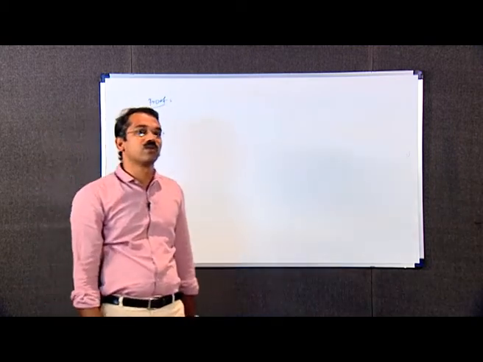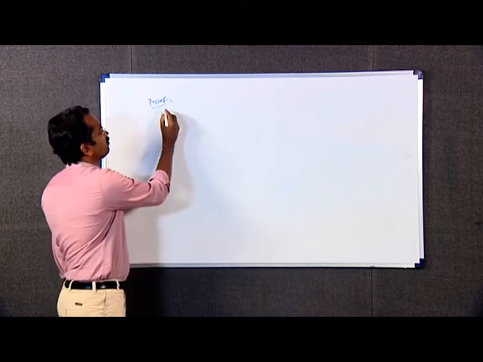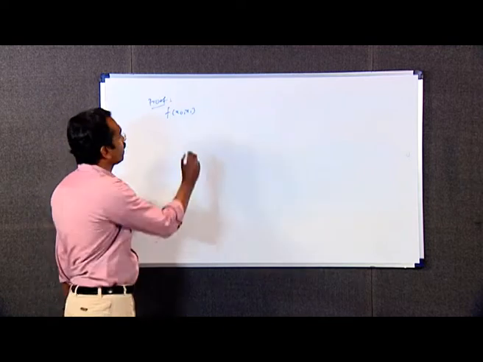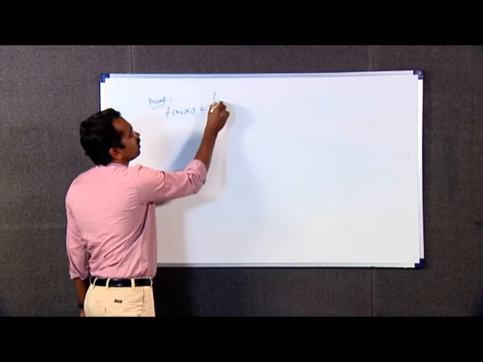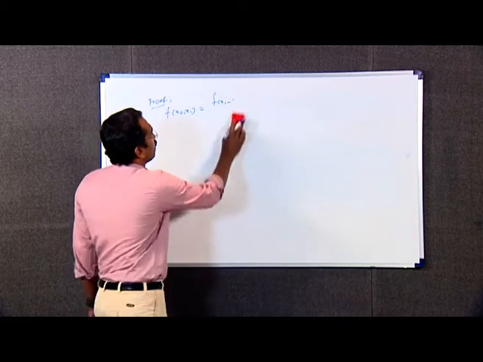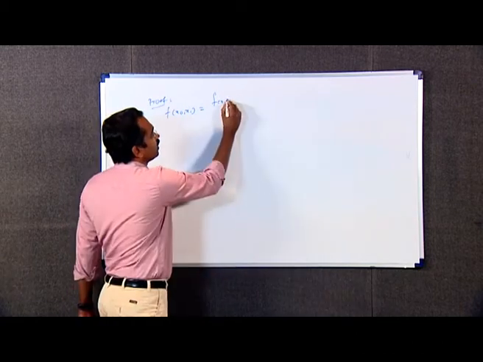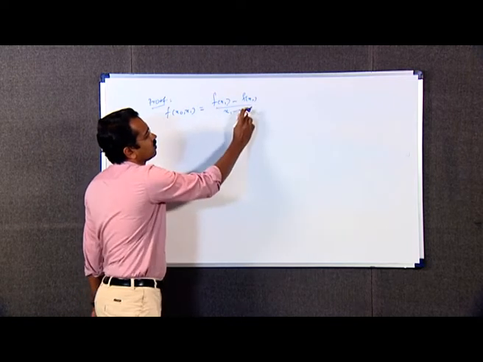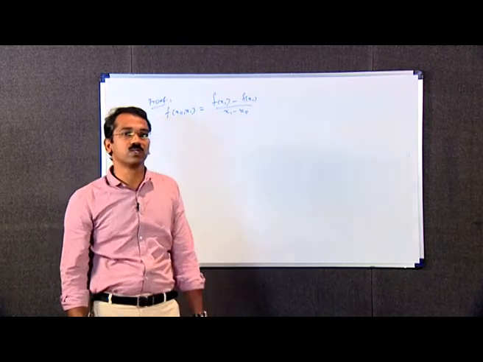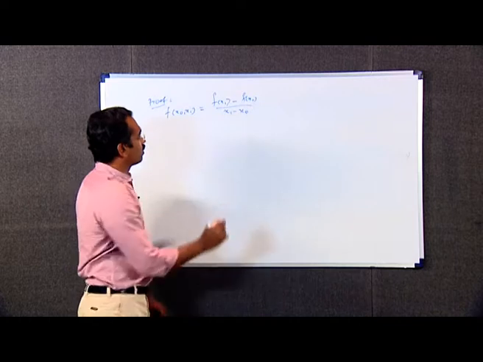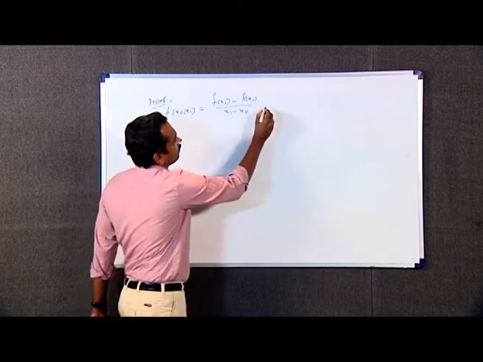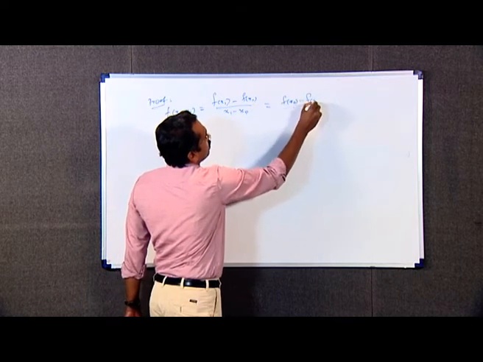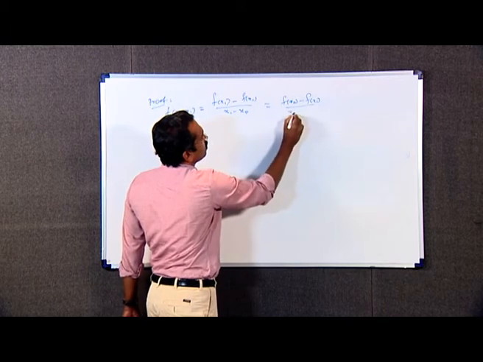To prove this, consider the divided difference between the two arguments x0 and x1. By definition, this is equal to f of x1 minus f of x0 divided by x1 minus x0, by definition of first order divided difference, which can be written as f of x0 minus f of x1 divided by x0 minus x1.